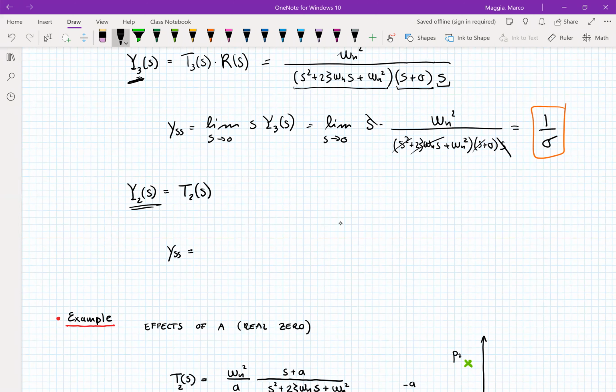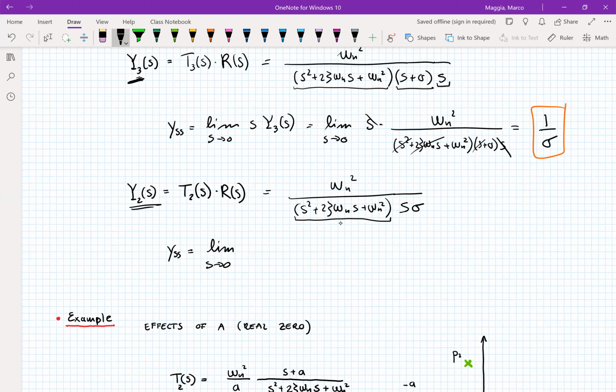So Y2 is equal to T2 times R. And so in this case, we have that everything is almost the same, except that we don't have s plus sigma, but we have just sigma. So now the steady state value is, well, can we apply the final value theorem? Yes, we have two poles with negative real parts.